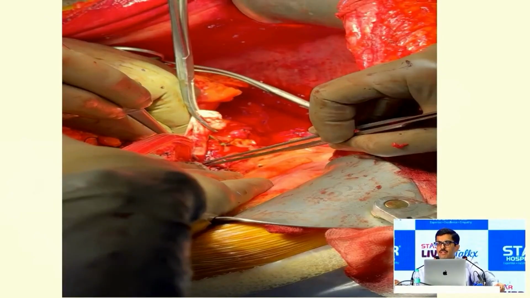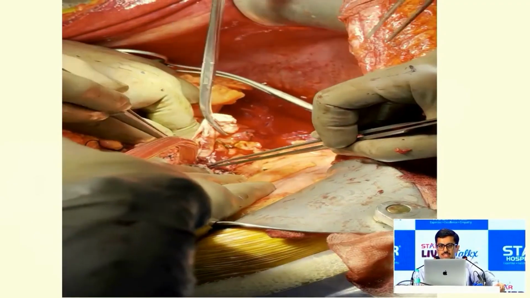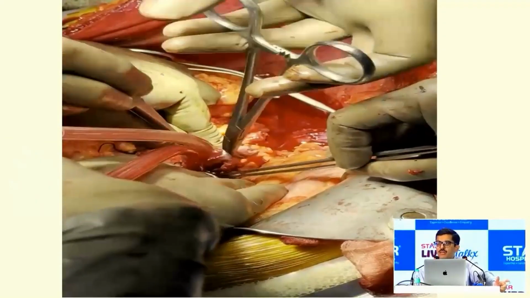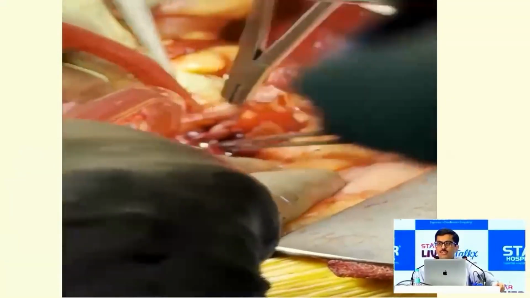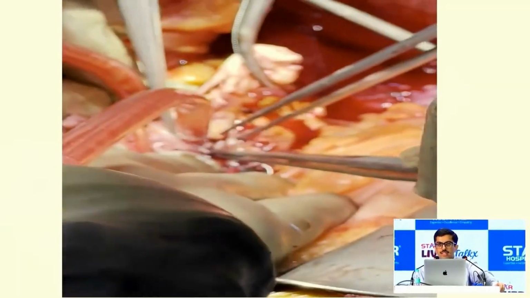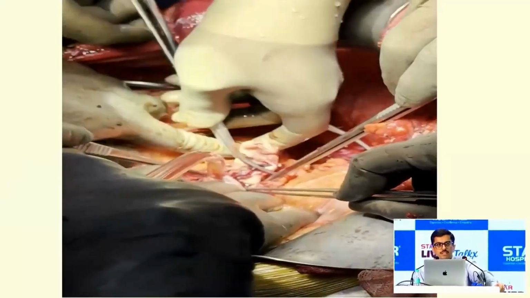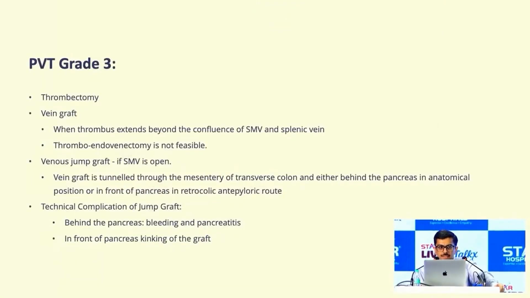Most commonly, what we do is we use a Watson-Cheyne instrument to separate the thrombus from the wall, and you keep on going down and take proximal control, either by finger pressure or by mobilizing the vein, and get the thrombus out. In some situations, you might have to add on a balloon to remove the residual thrombus as well, which our interventional radiologist helps us with, ultrasound guided.